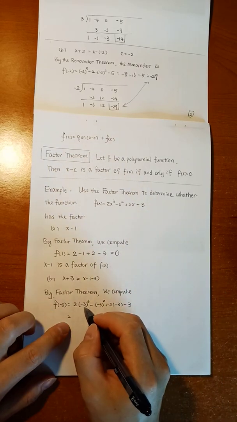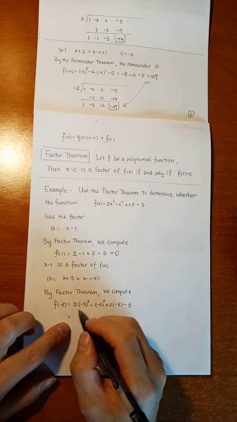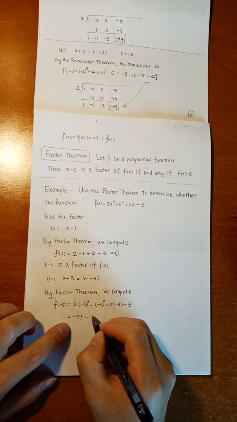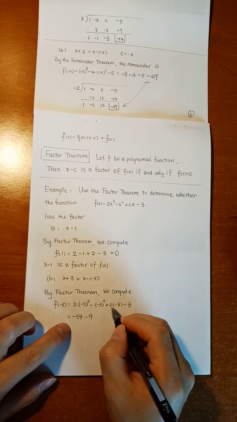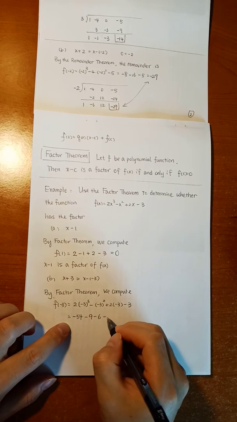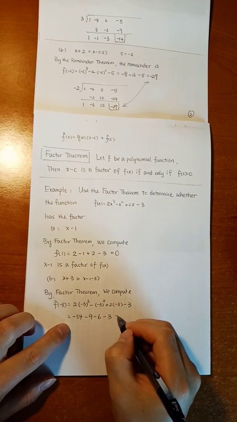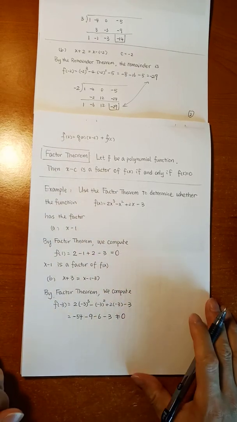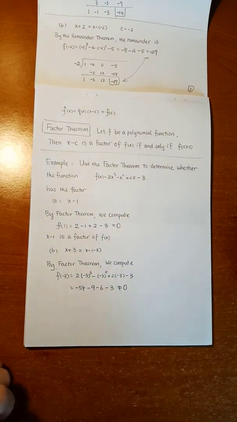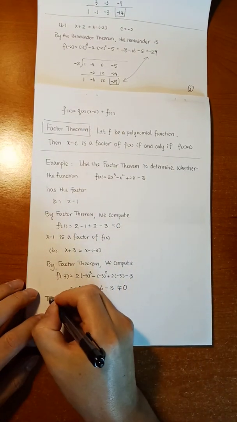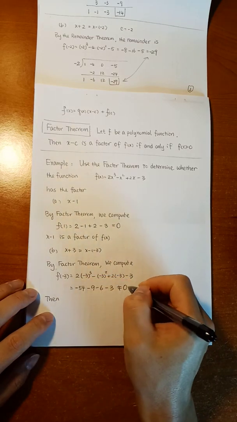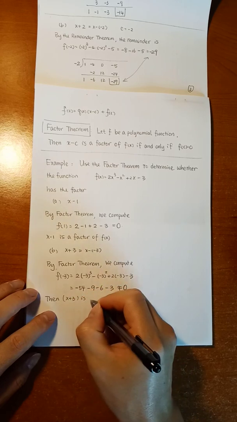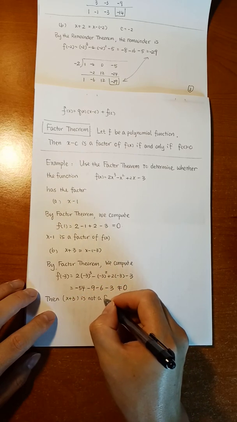So negative 3 cubed is negative 27. Negative 27 times 2, negative 54. Negative 3 squared is 9. 2 times negative 3, negative 6, minus 3. Negative, negative, negative, negative. Even when I don't compute it, it's not equal to 0. It's a negative number for sure. And then, since this evaluation is not a 0, x plus 3 is not a factor.